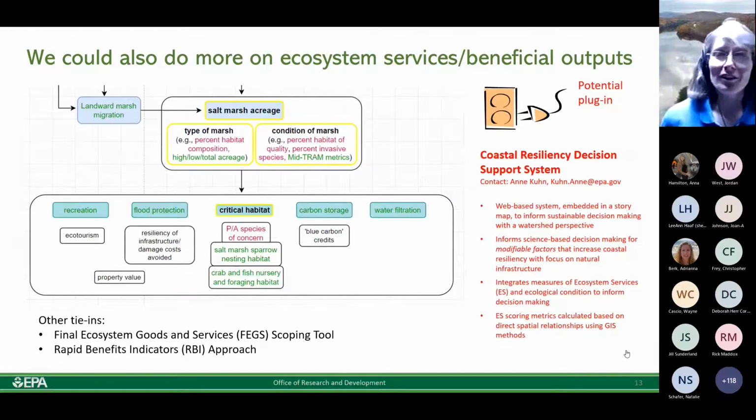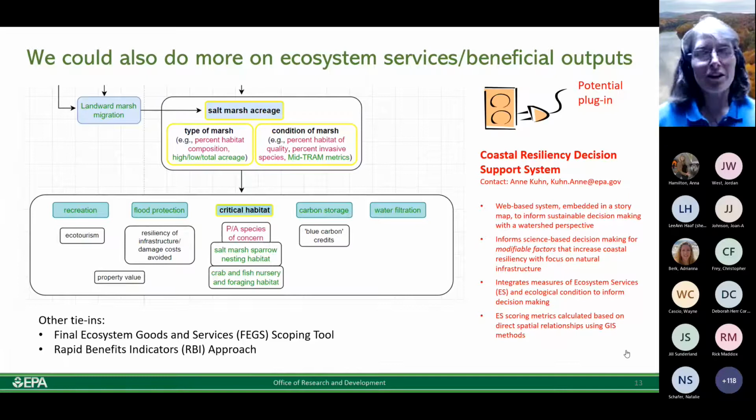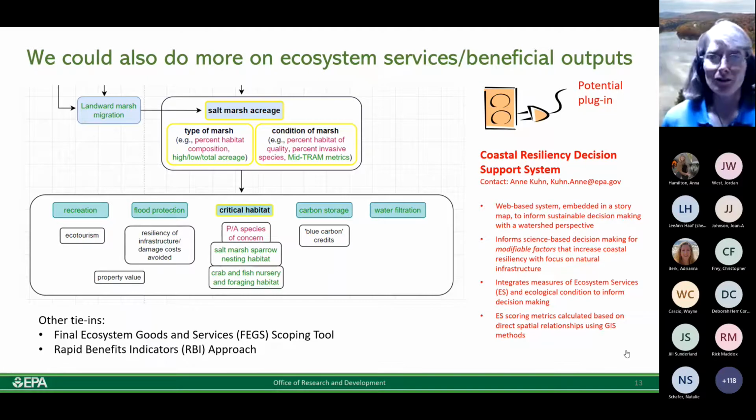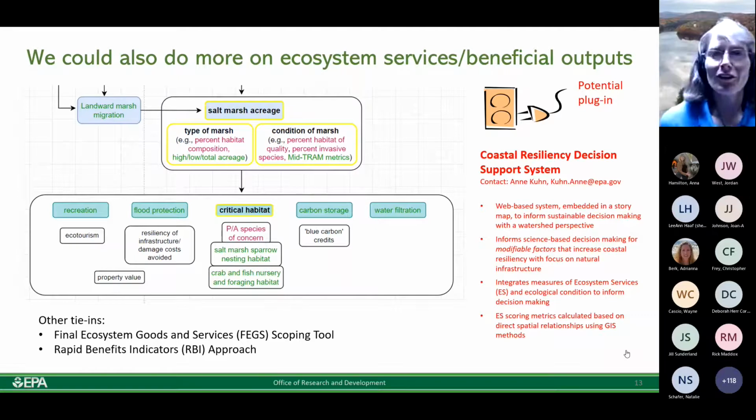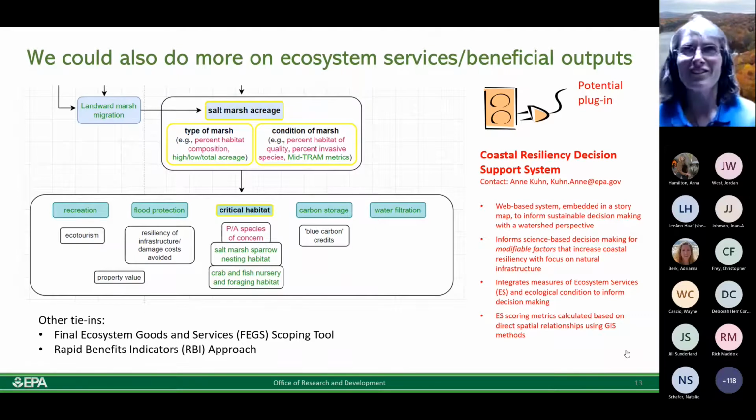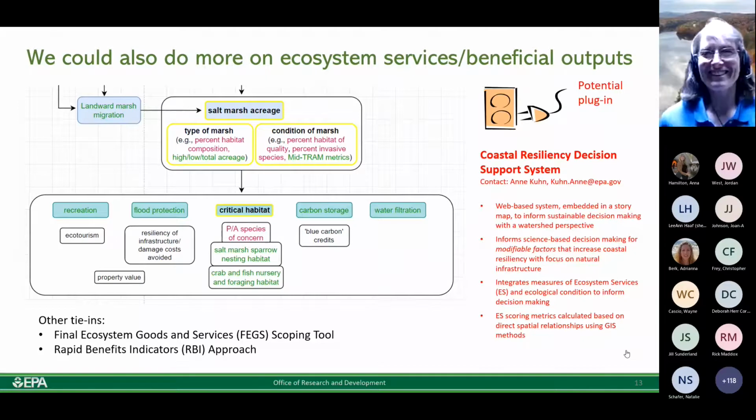Another area that we could do more on is the last level of the diagram with the ecosystem services and beneficial outputs. And so we want to give a shout out to the work that Ann Kuhn and a number of collaborators are doing on the Coastal Resiliency Decision Support System tool, or DSS tool.